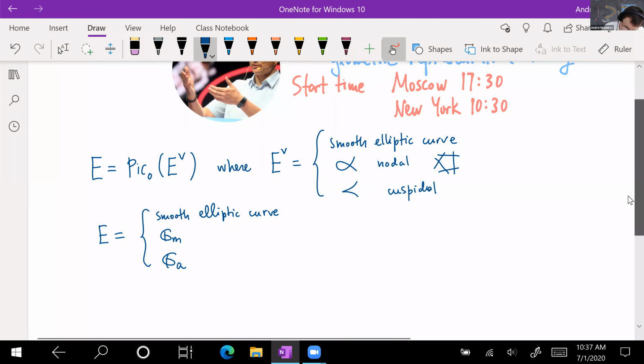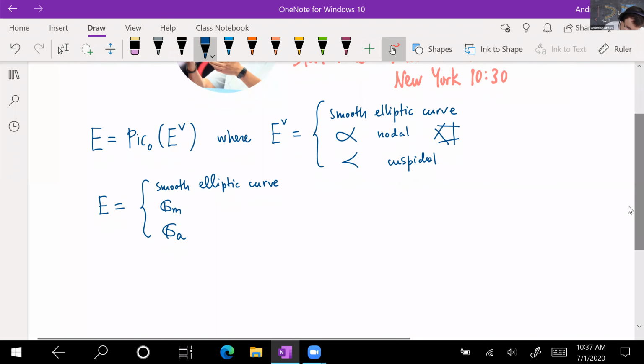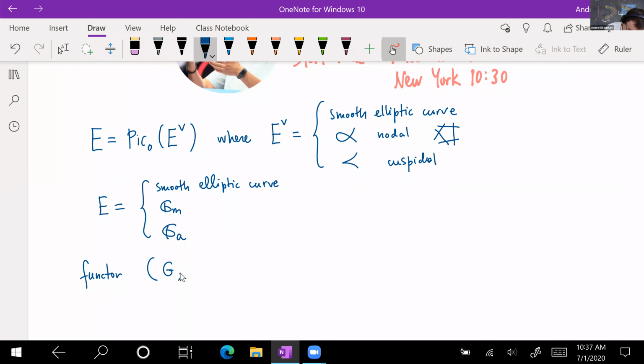And so we would like to have a functor from pairs of G-spaces X. So in topology, you take a compact topological group. Most of the time, we'll be interested in connected ones.